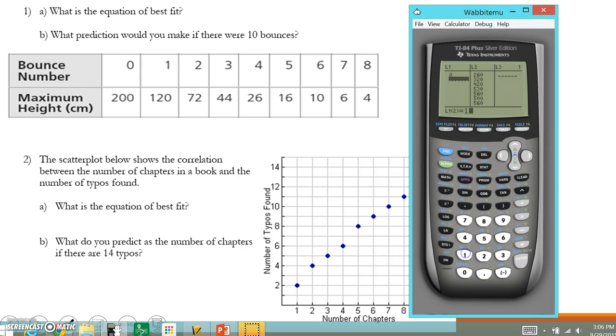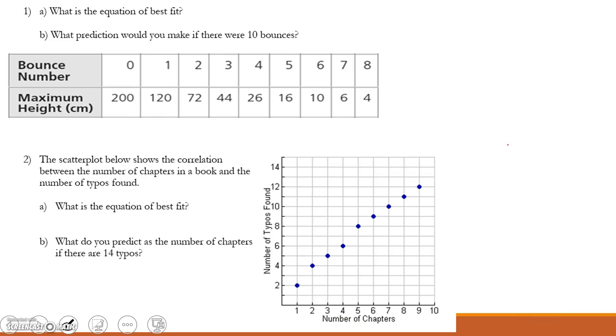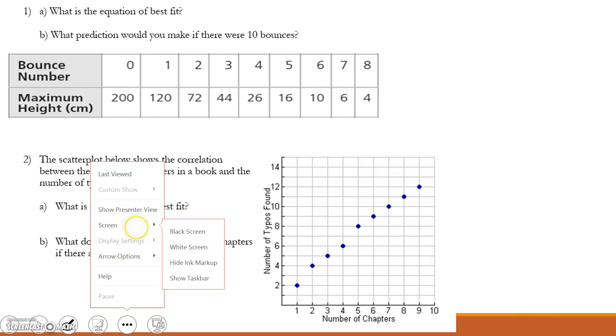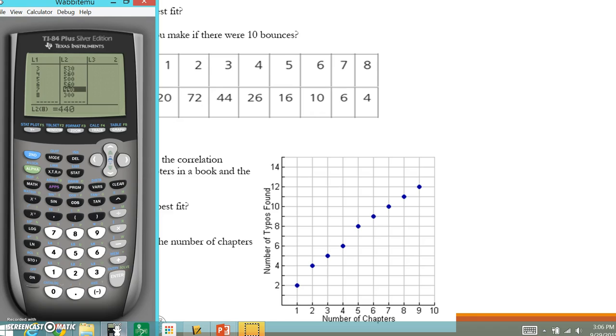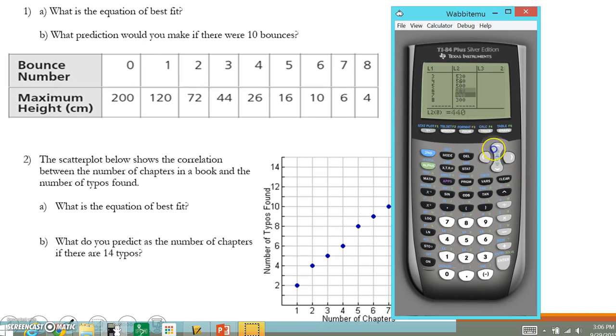So now I'm going to put in all of my numbers. And then I go to the top of this one. And I hit clear, down, and I put in my second one.